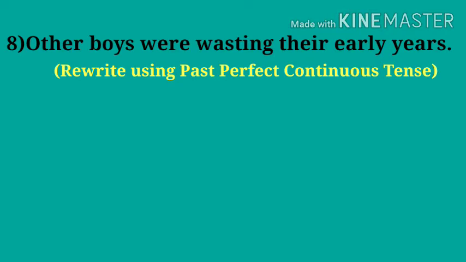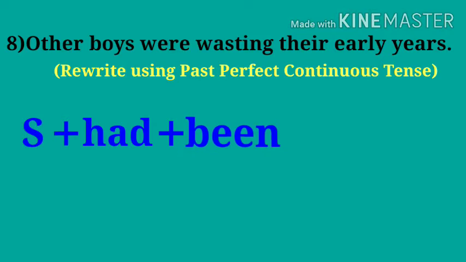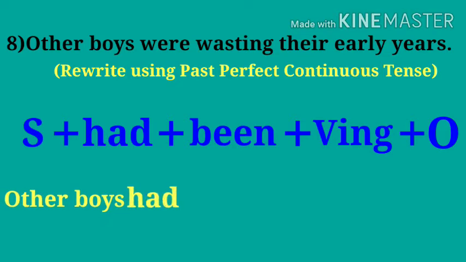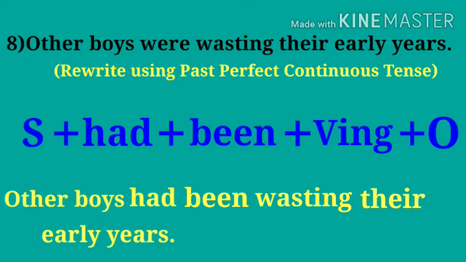Past perfect continuous means our last column, fourth column. So what is the structure? Subject plus had plus been plus ing plus object. So, other boys had been wasting their early years.